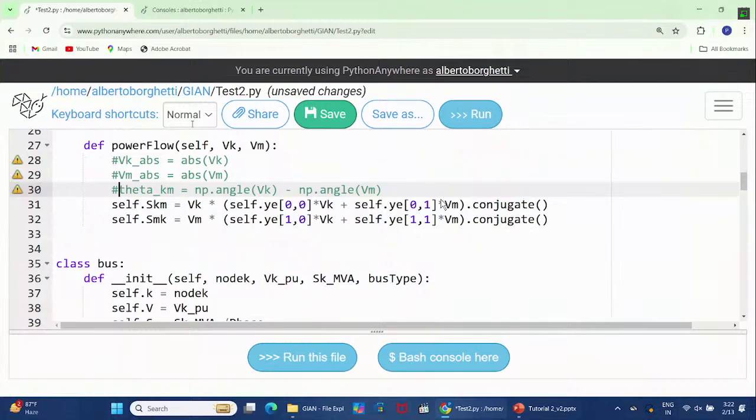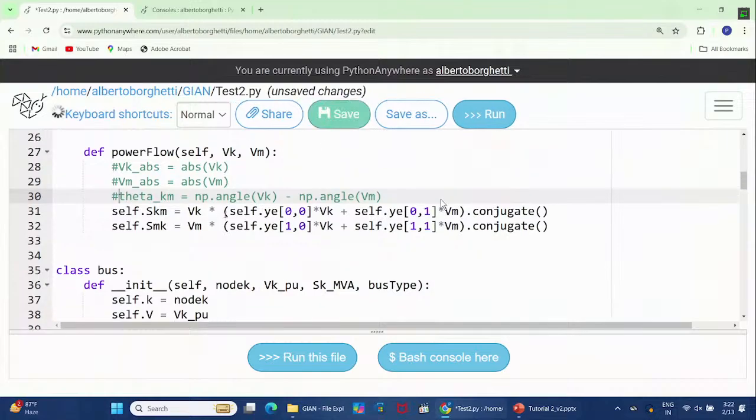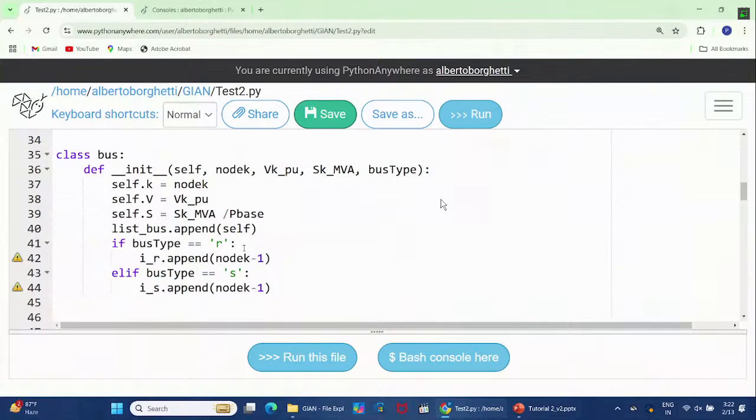So, okay. And then in the buses, instead of defining the buses R and S, we can say if the bus type is PQ, put it in a list. If it is PV, it is in another list.